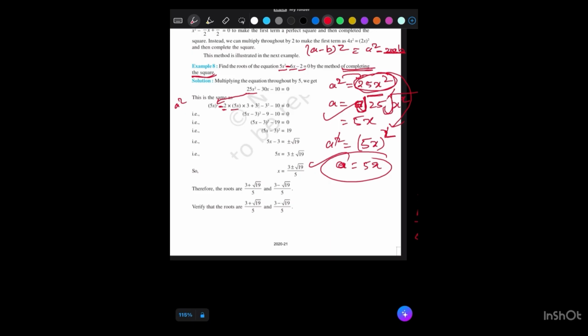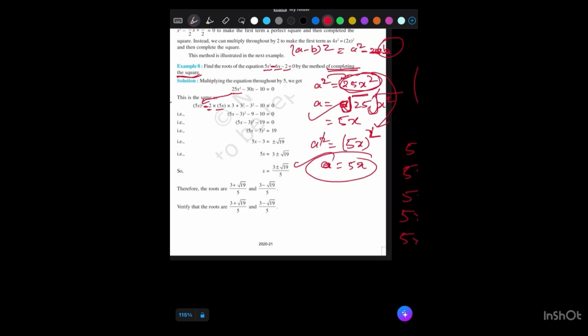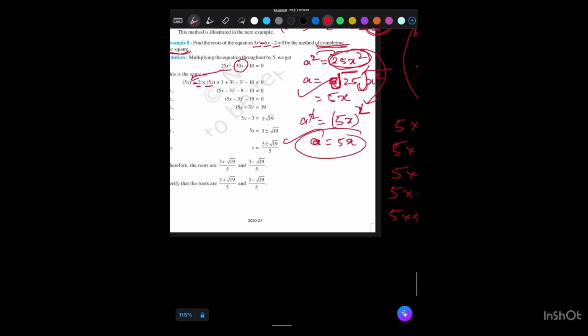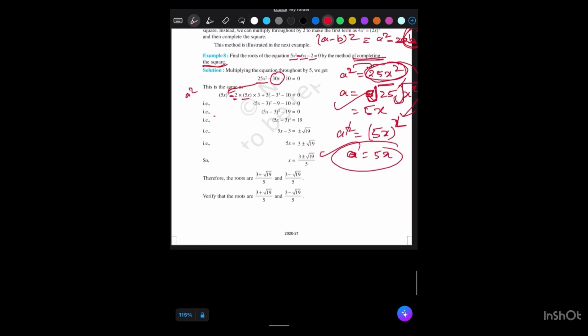So we have written 5x here, multiply, then we have b. We need to find the value of b, right? Here we have 30x. We have minus 2 and 5x here. What is minus 2 and positive 5? It is minus 10, right?